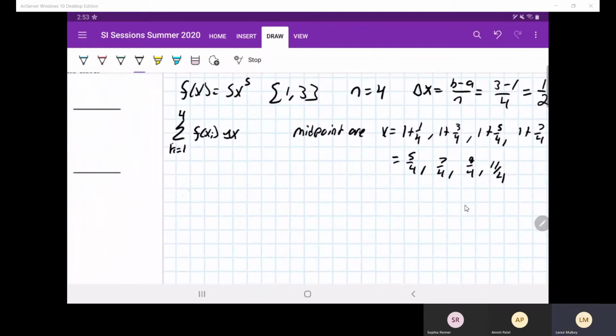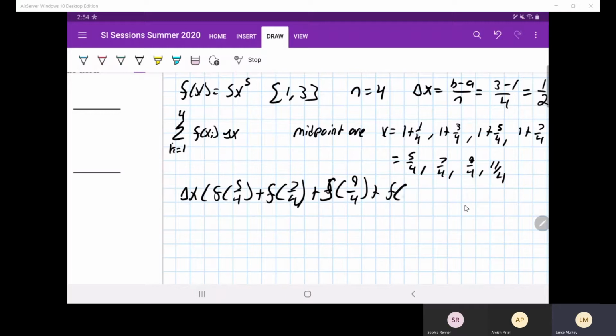So now you have your delta x times f of 5/4 plus f of 7/4 plus f of 9/4 plus f of 11/4.